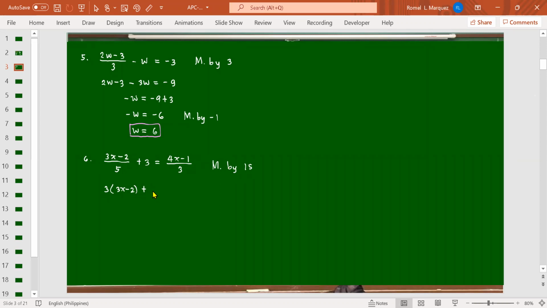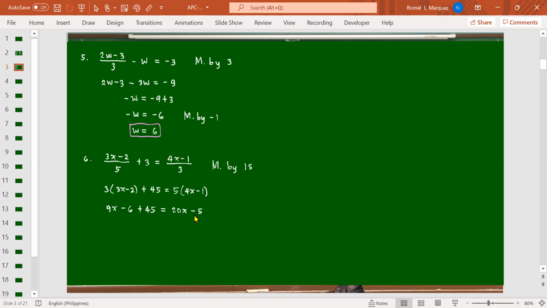Then 3 times 15, that is 45. It is equal to 15 divided by 3 is 5, multiplied by 4x minus 1. Simplifying, we have 9x minus 6, then plus 45, on the right side, 20x minus 5.